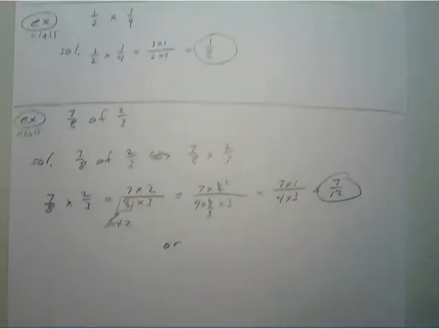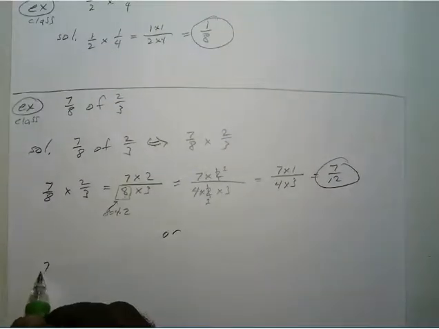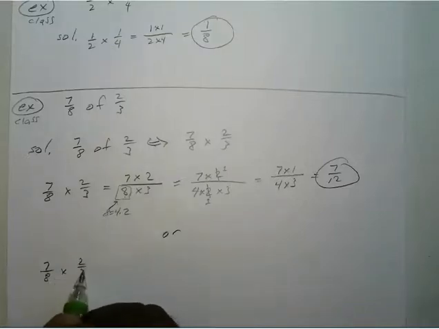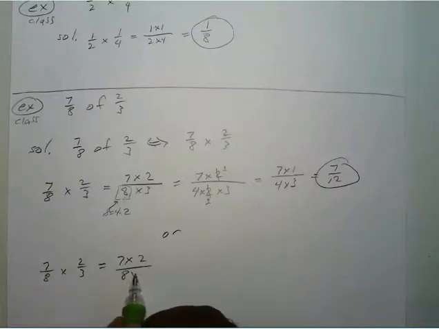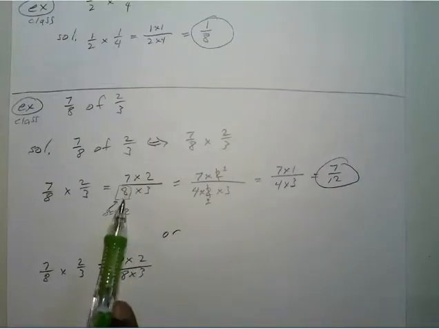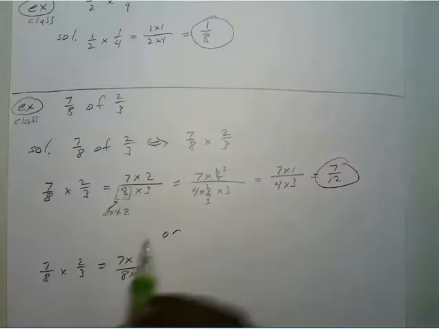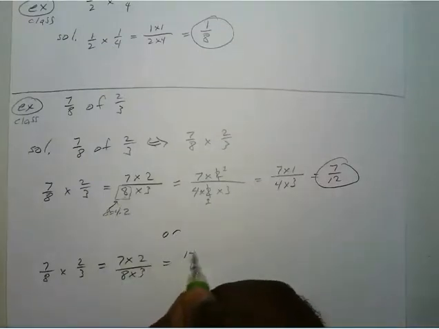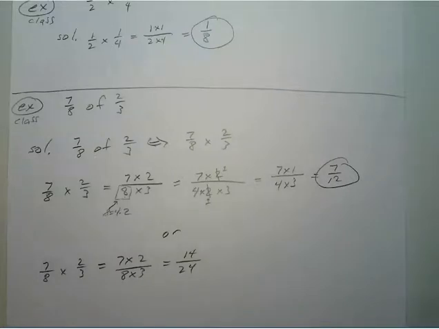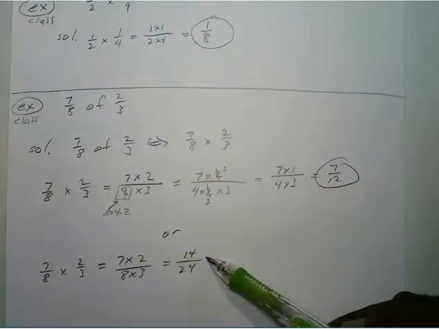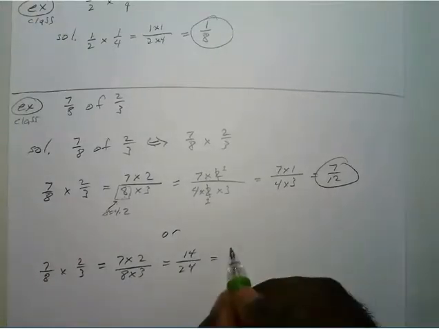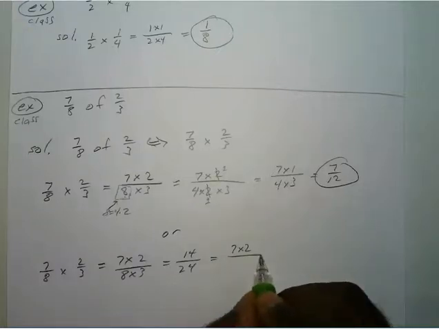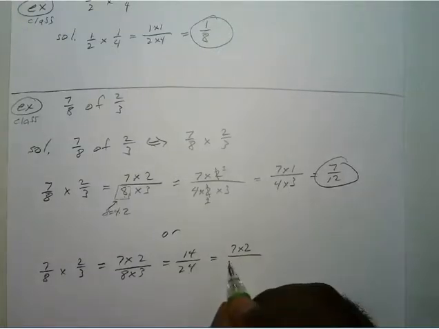Or you can do 7/8 times 2/3 is 7 times 2 over 8 times 3, and instead of replacing the 8 with 4 times 2, we just go ahead and multiply. So that's 14 over 24. We can't leave that as our answer because it's not in the simplest form. We remember that 14 is 7 times 2, and 24 is 12 times 2.